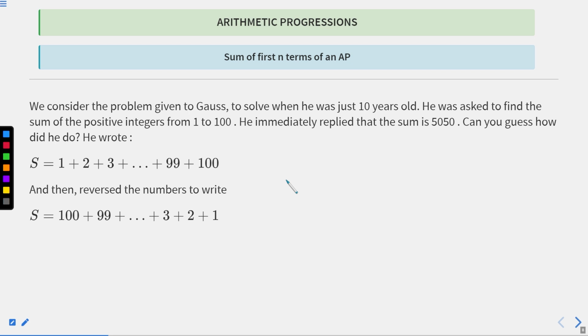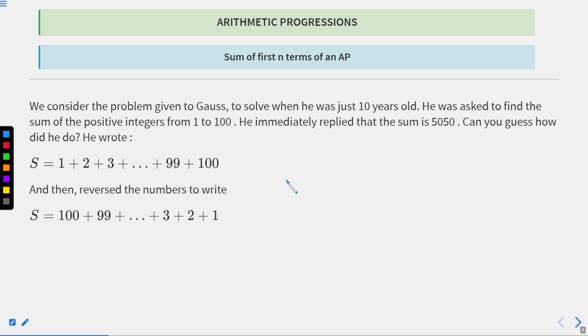He immediately replied that the sum is 5050. Can you guess how he did it?